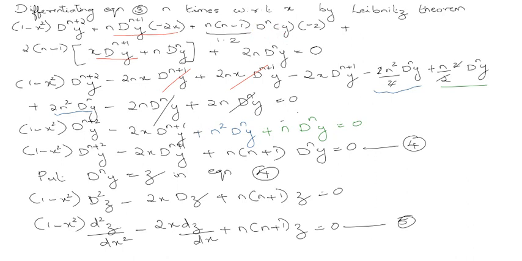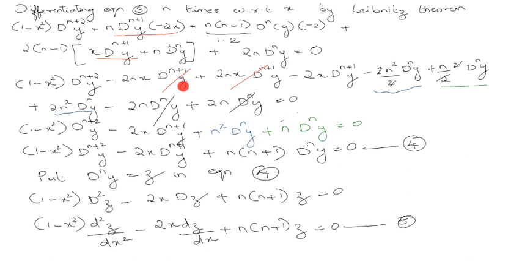And now what is remaining here is the multiplication with this term, that is 2n square dny, that is written here, minus 2n dny, that is written here, plus 2n dny is equal to 0.